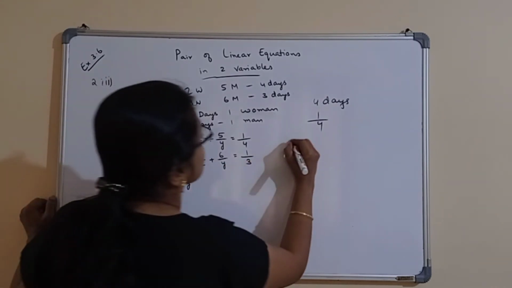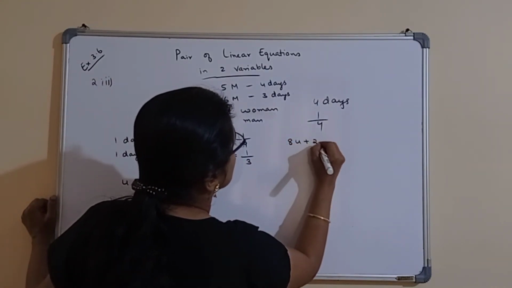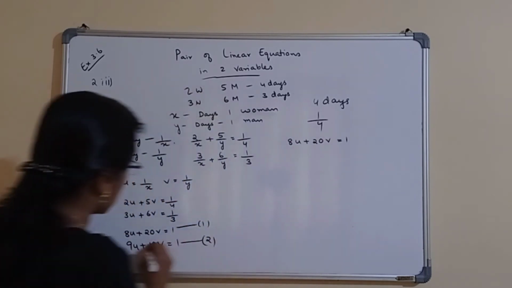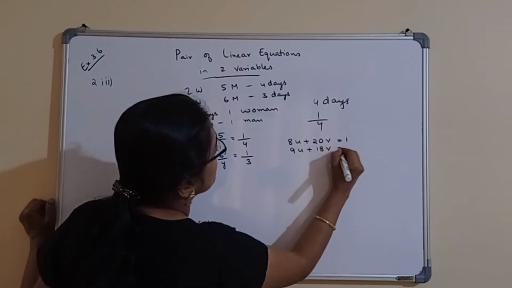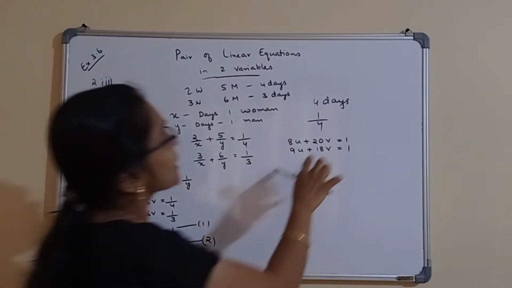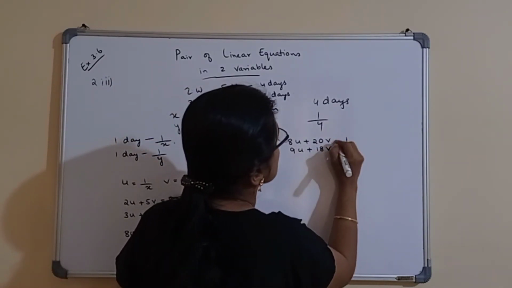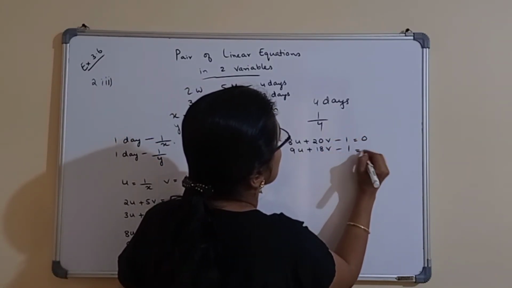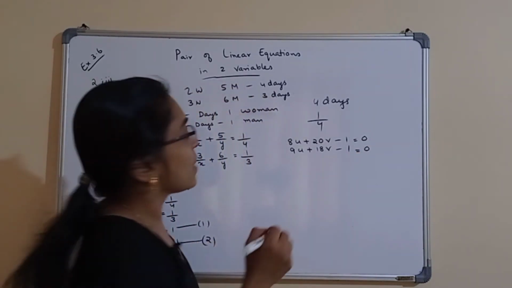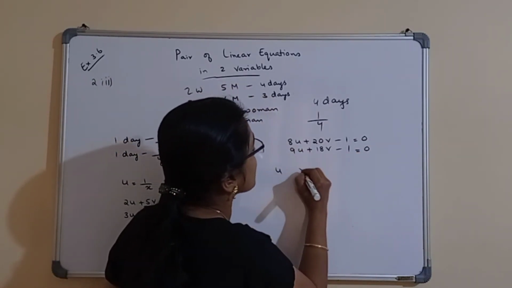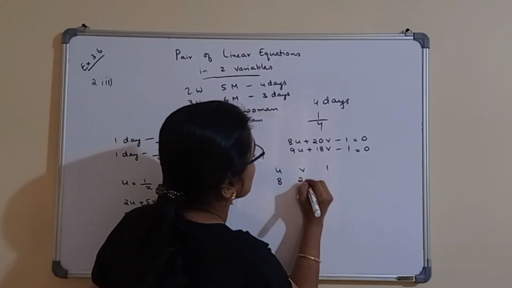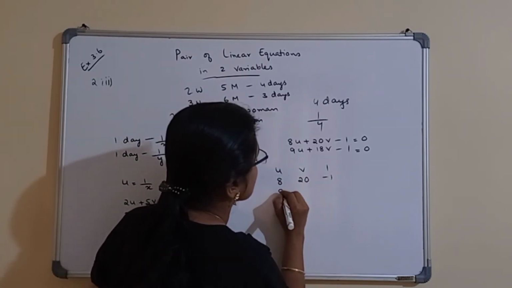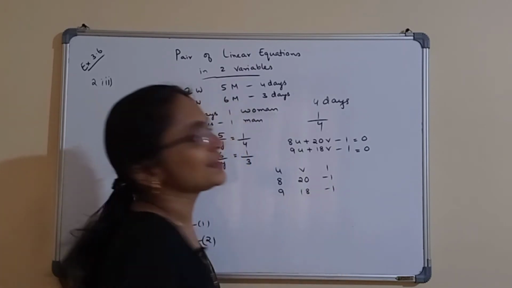So we have 8u plus 20v is equal to 1 and 9u plus 18v is equal to 1. So we can write this as 8u plus 20v minus 1 is equal to 0 and 9u plus 18v minus 1 is equal to 0. Now we can solve this by cross multiplication method. So we have 8, 20, minus 1, 9, 18 and minus 1.